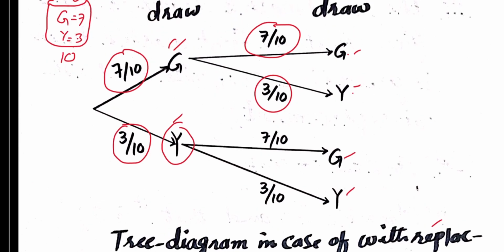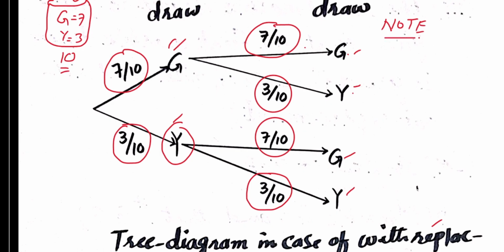So again yellow marbles are 3 and total marbles are 10 here, so it will not affect the probability. So green marble will have a probability 7 by 10 and yellow marble 3 by 10. From this tree diagram you can notice that in case of with replacement, at each draw the probability of each marble will be the same.